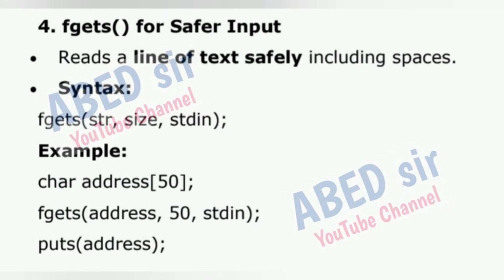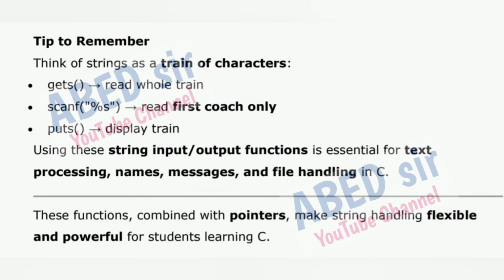4. fgets for safer input. Reads a line of text safely including spaces. Syntax: fgets(str, size, stdin); Example: char address[50]; fgets(address, 50, stdin); puts(address); Tip to remember: think of strings as a train of characters. gets reads the whole train. scanf %s reads the first coach only. puts displays the train.